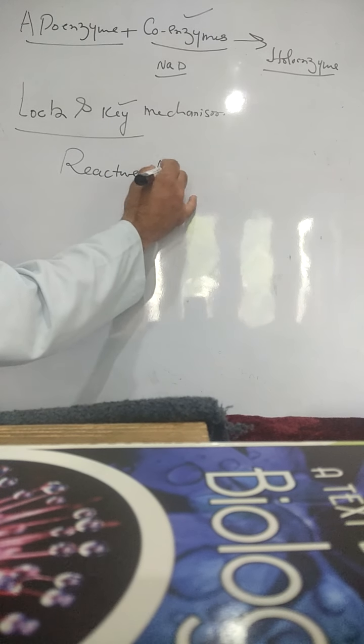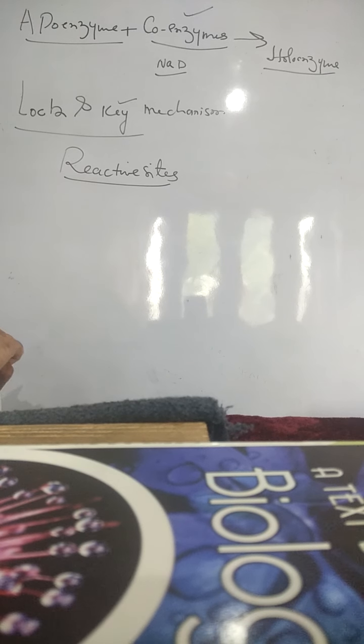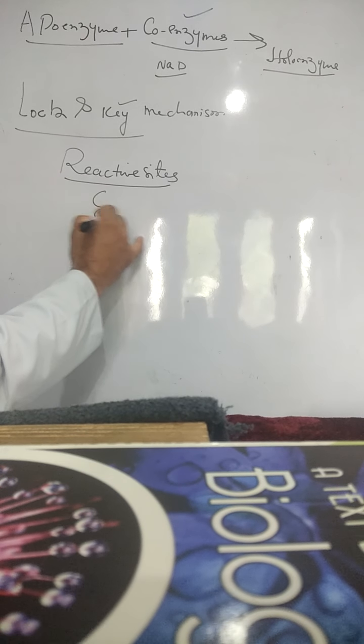These reactive sites are present in the substrates that bind to the enzymes. These reactive sites are very specifically designed. Only specific substrate molecules with proper geometric shape fit correctly. They form a complex. That complex is called enzyme-substrate complex.